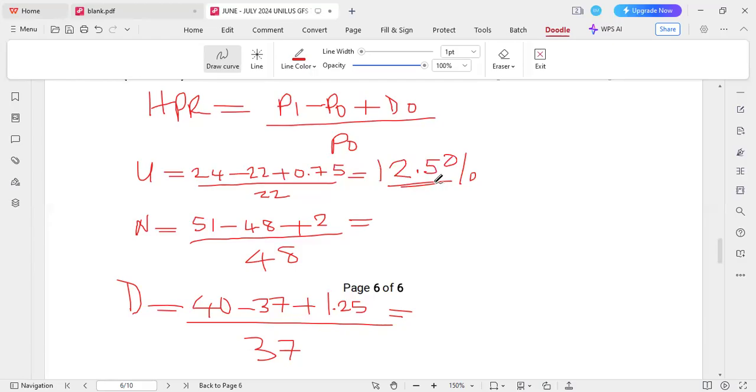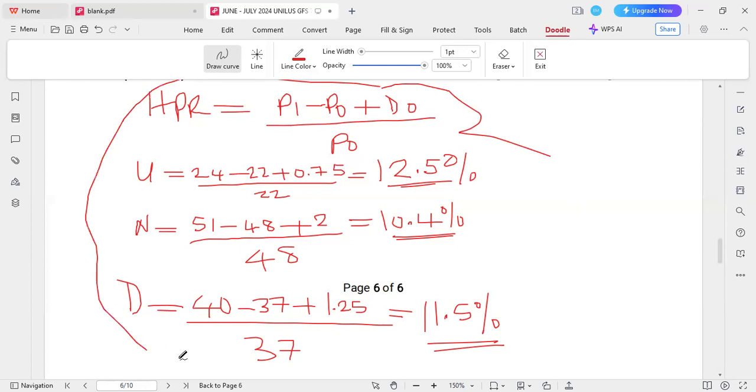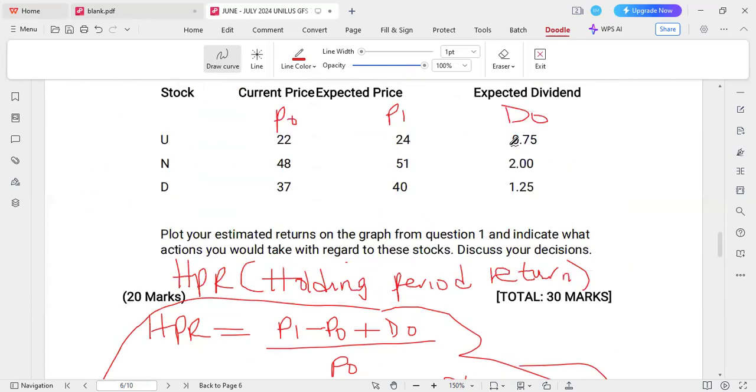We are getting 10.4%. The other one is 11.5%. So this is how you are getting down to the holding period return given the information above. All right.